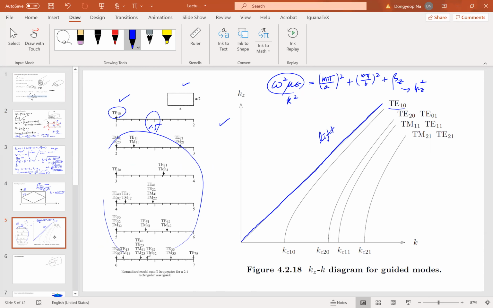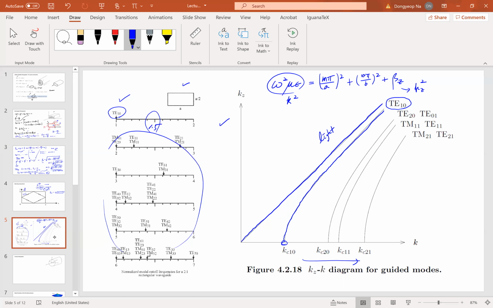And let's look at the TE10 mode, which was the lowest mode inside this rectangular waveguide. It cannot propagate before this cutoff. After cutoff, as frequency increases, it takes this line of dispersion.